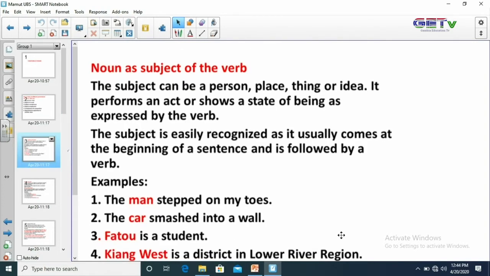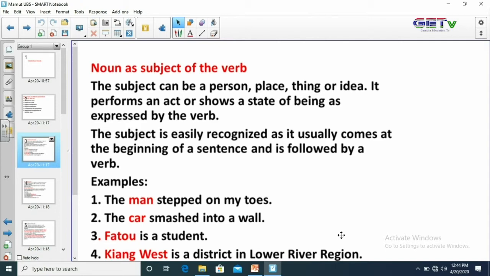We move on. Nouns are subject of the verb. The subject can be a person, place, things, or idea. As we discussed in our definition, a noun names a person, place, animal, or things, or idea. And the same noun makes up a subject. Therefore, the subject can either be a person, place, things, or idea.